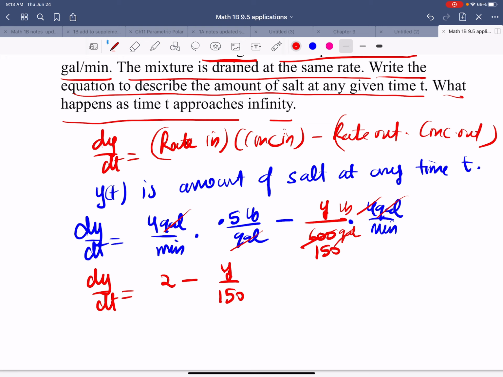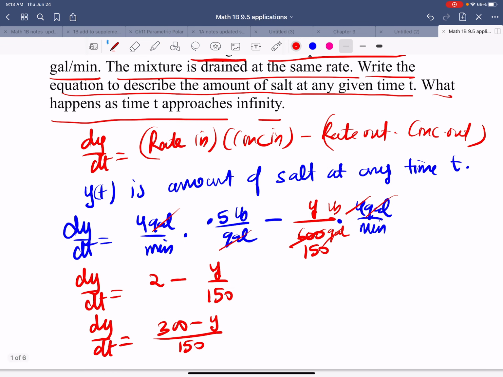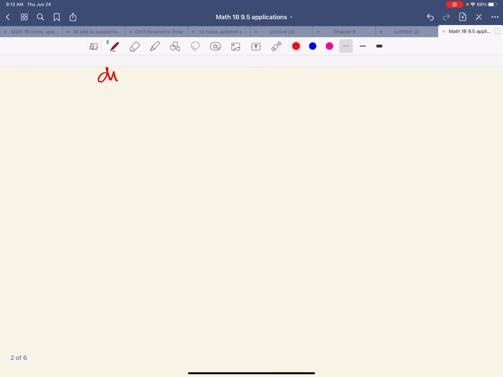Now we can clean it up a little and express it as a separable differential equation. That's 300 minus y over 150, so dy/dt is equal to (300 minus y) over 150.